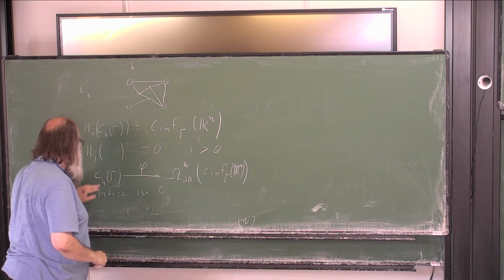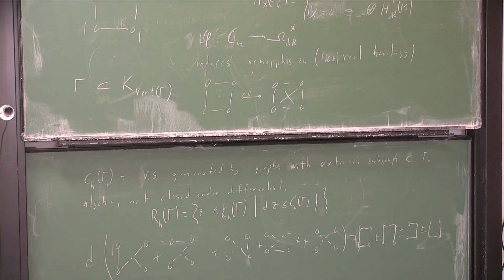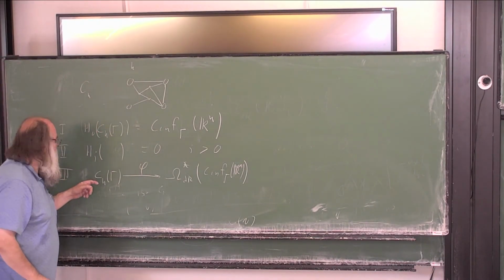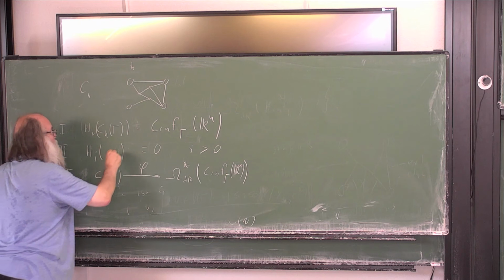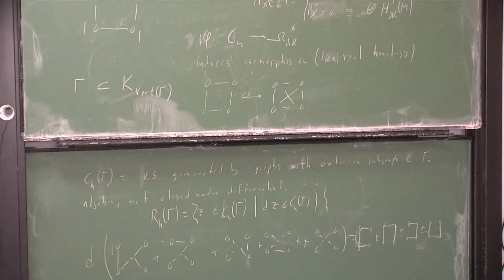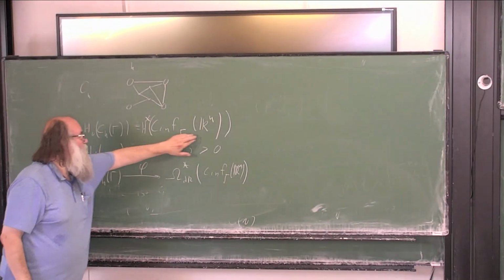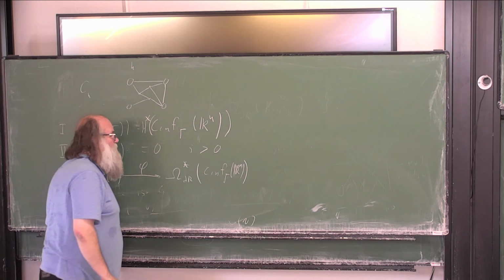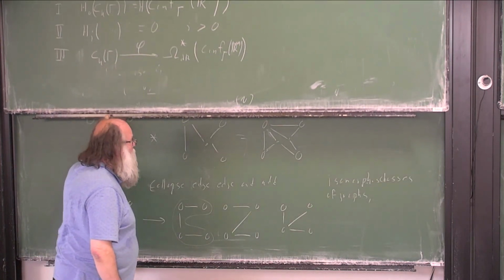So on the right there should be H star. Well, for number 1, no, this is a map of DGAs. For number 1, this should be H star now. Because this is homological degree 0, and of course you have another grading here, which is not. Okay.